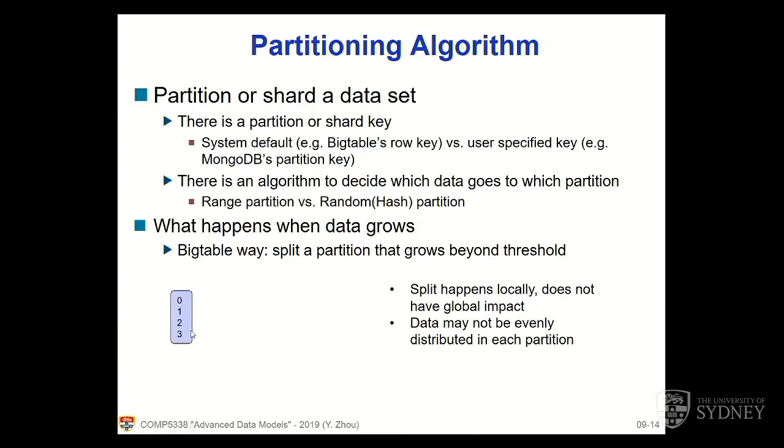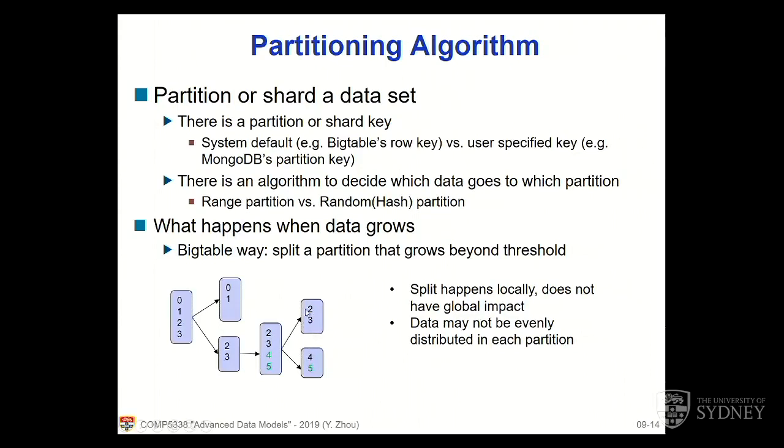We start with a single tablet, and if it's too big, we split it into two. These two might be managed by different servers, and the server will monitor the size. When it finds that one is growing a bit big, it will split it into two.